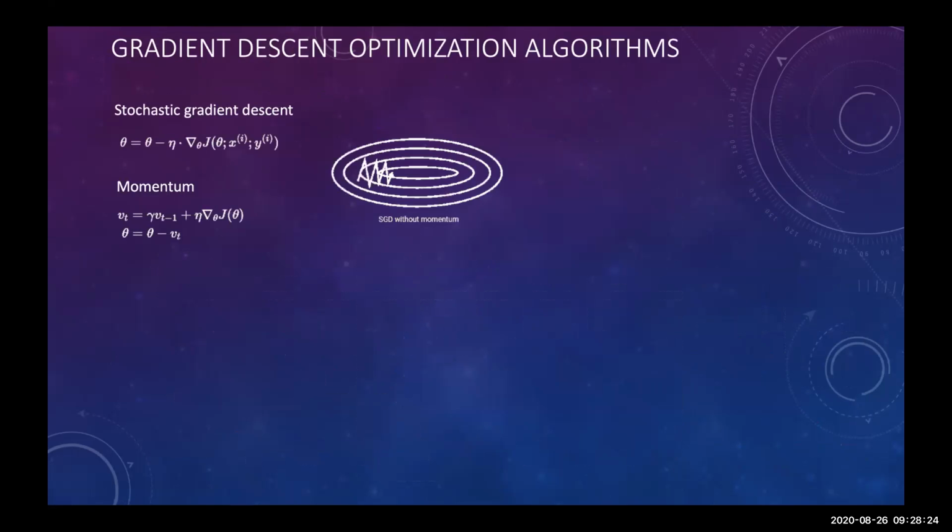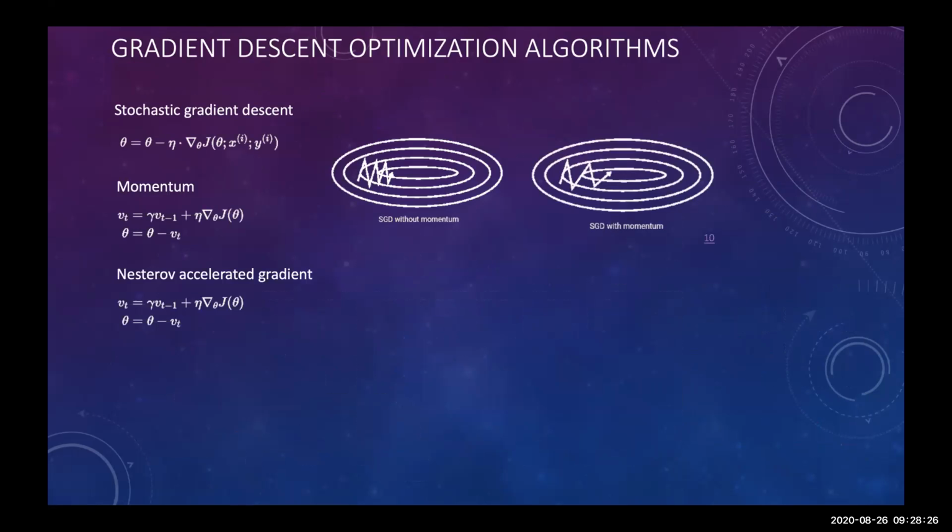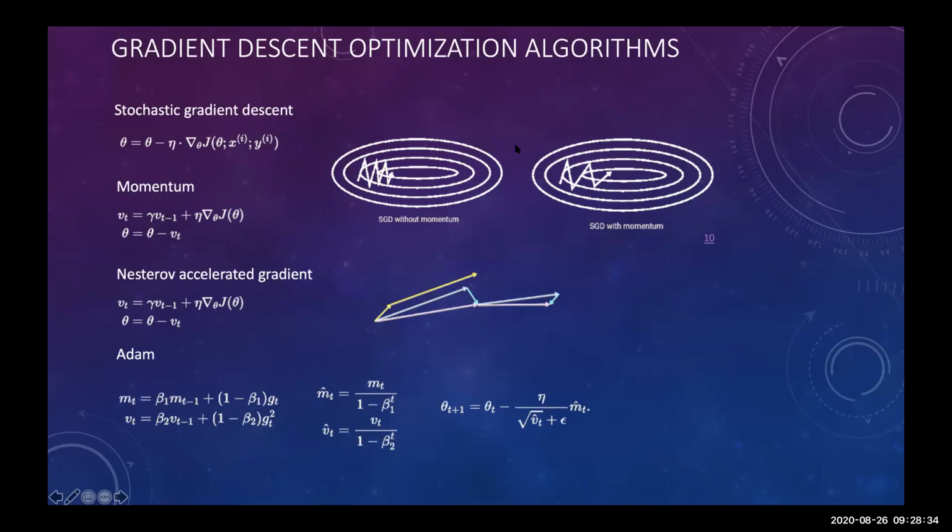I'm not going to talk about this, but this is just different methods on how to learn. Stochastic gradient descent bounces around a little bit too much. So there are all these different creative ways to try to get to the optimal values for the weights without being too sensitive to your current gradients.